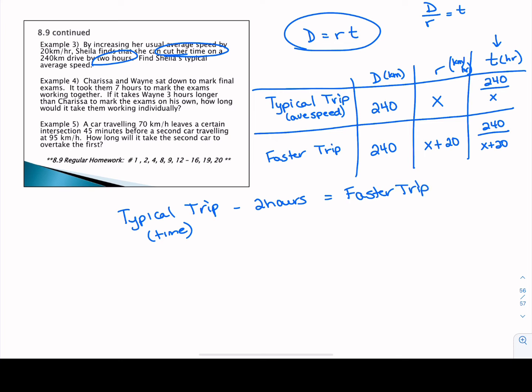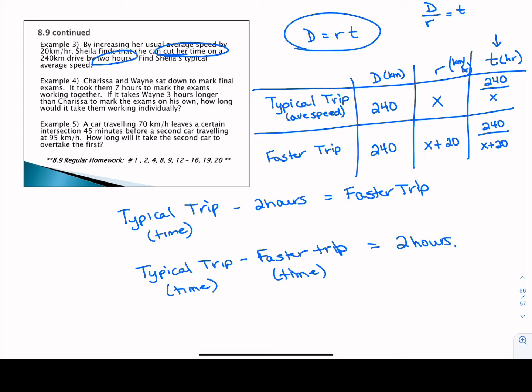So this is a comparison. I know that her faster trip is 2 hours quicker than her typical trip. Another way to say this is if I take her typical trip and I subtract the faster trip, and again, if we're talking about time in both of these cases, the difference between those is 2 hours.